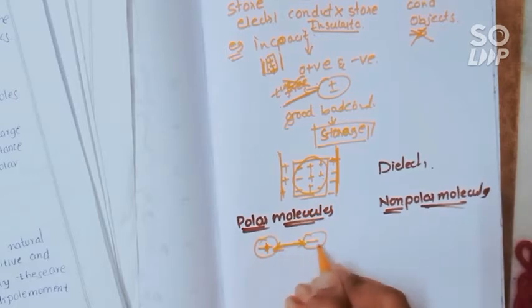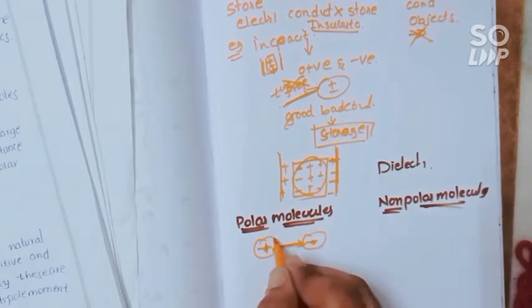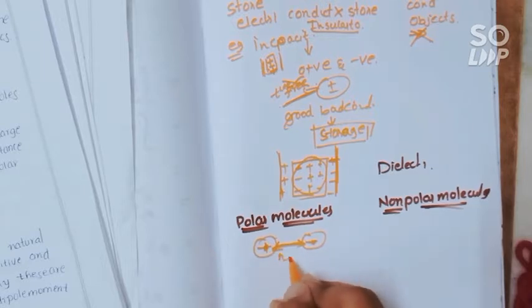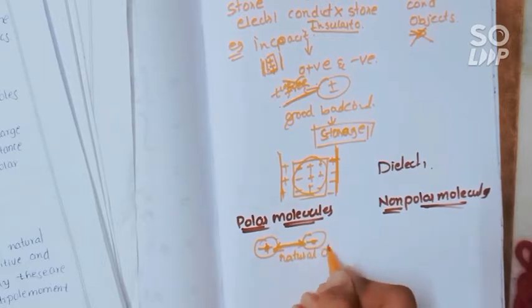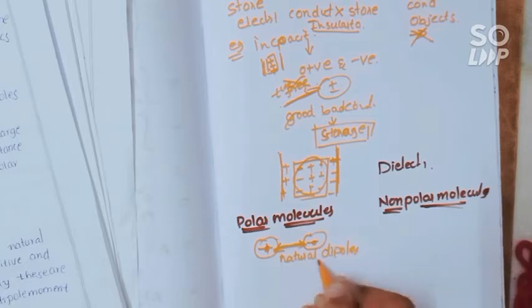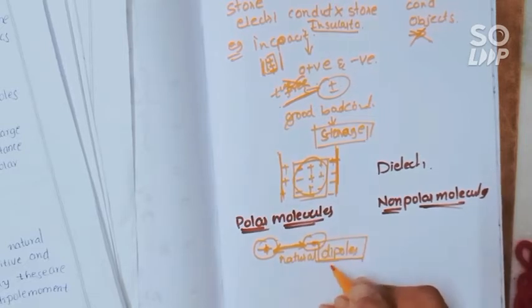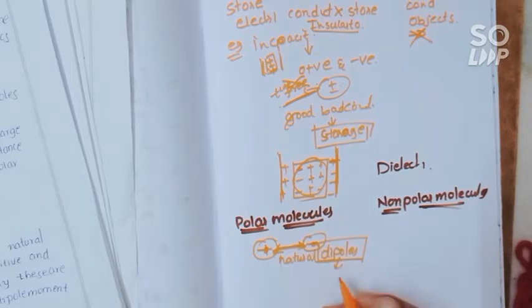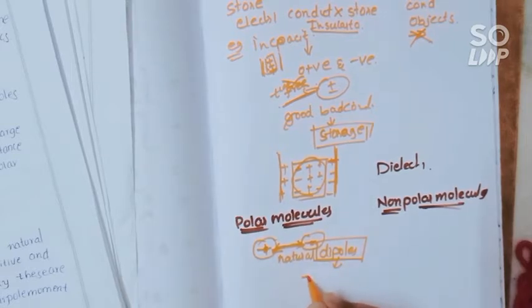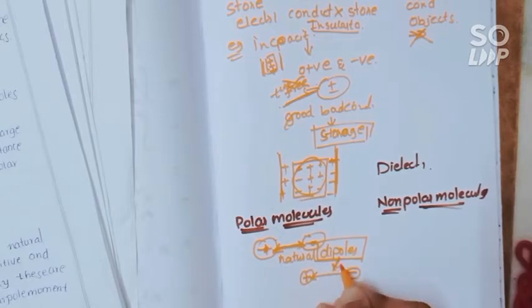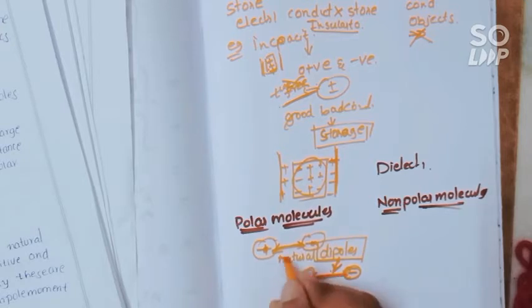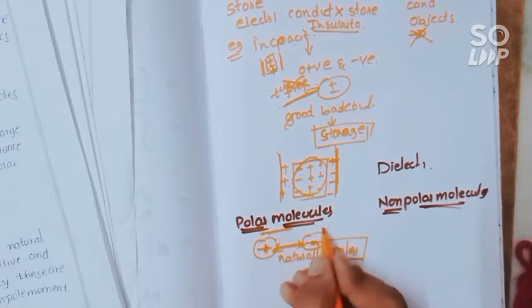The center of the positive charge and the center of the negative charge are separated by a distance and have natural dipoles in them. Here we get a concept like dipoles. We need to know what a dipole is. Dipoles are poles, meaning positive and negative charges separated by some distance. Here two poles are separated, so we call these dipoles. If these natural dipoles are present in a molecule, then we say that these are polar molecules.